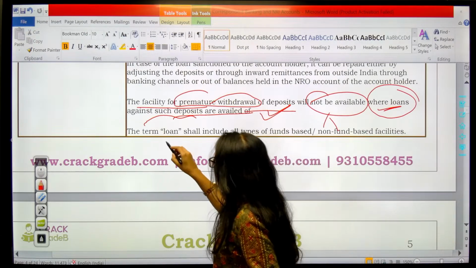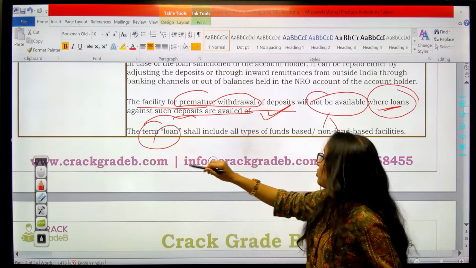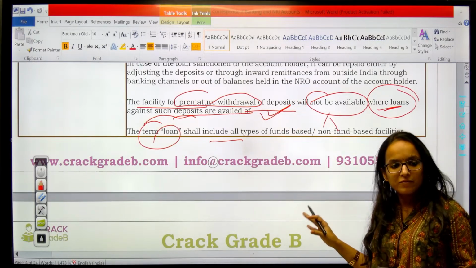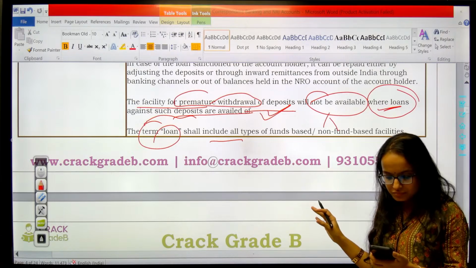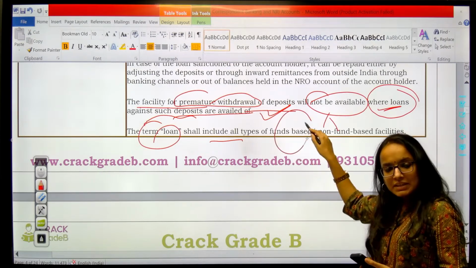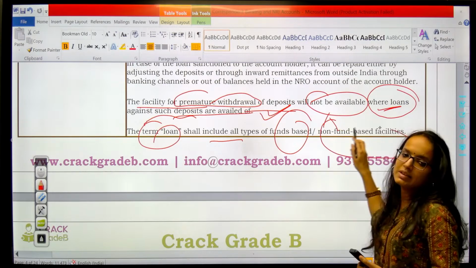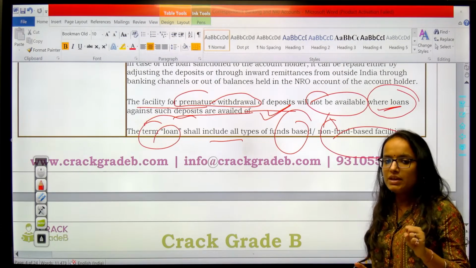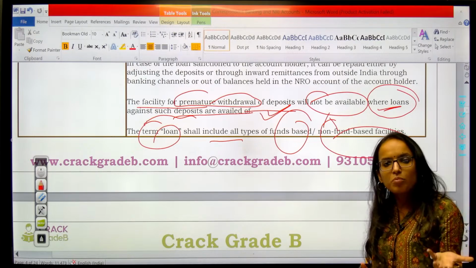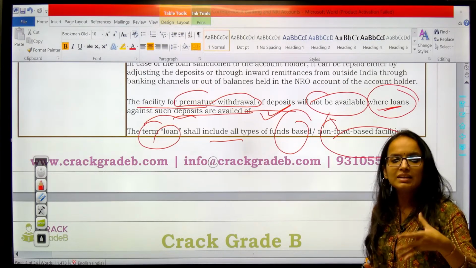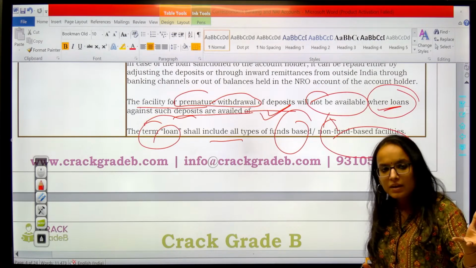And one more thing, the term loan shall include, wherever loan is written over here, both your fund based facilities as well as your non-fund based facilities. So wherever loan is there, loan can be in the form of funds, and there are other instruments as well through which loan is given, like letter of credit and bank guarantees.